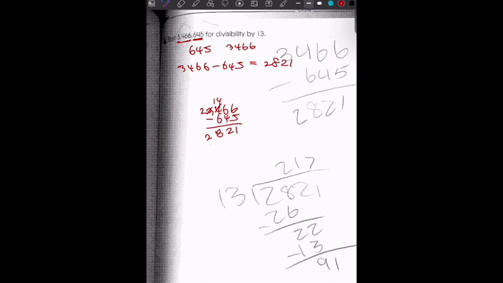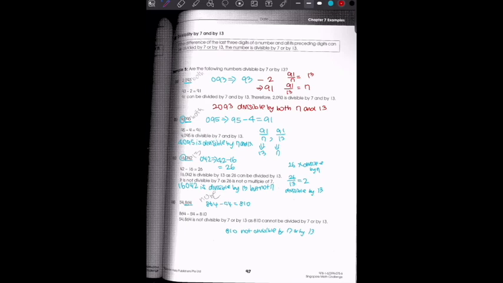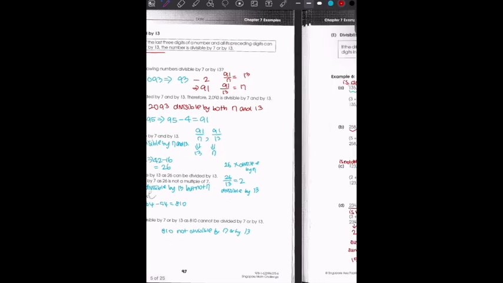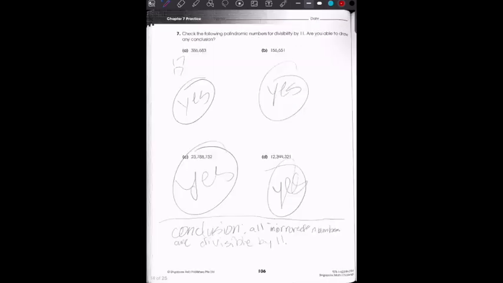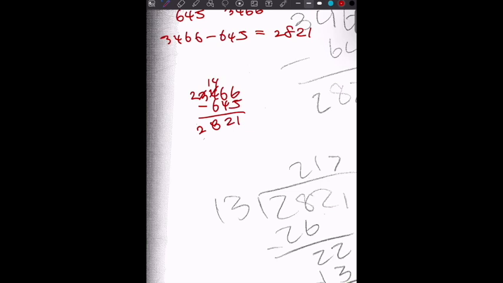After we got 2,821, if we go back to what the divisibility rule for 13 was, it says we're looking for whether the number can be divided by 7 or 13. And so now we have 2,821, and we can just test whether this number itself is divisible by 13 or not, by doing division.